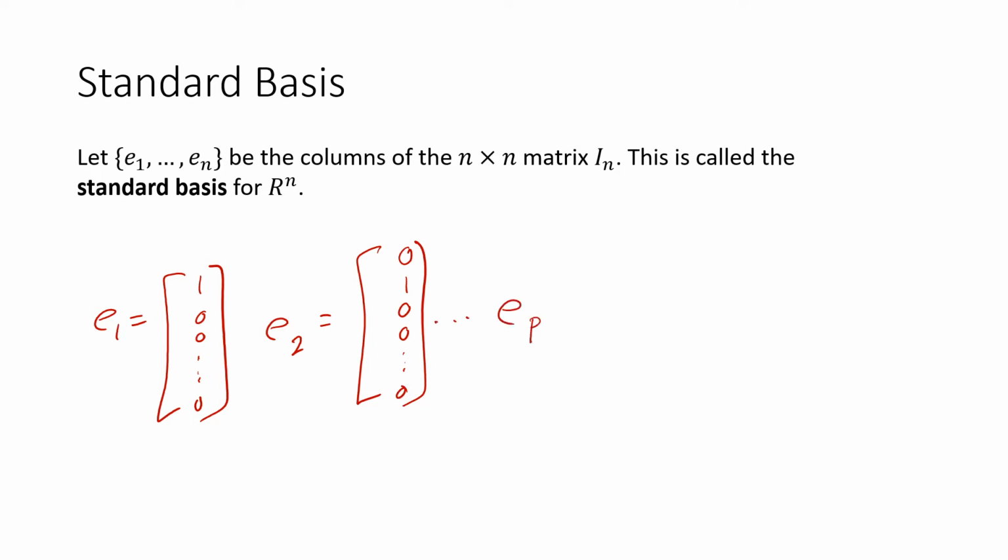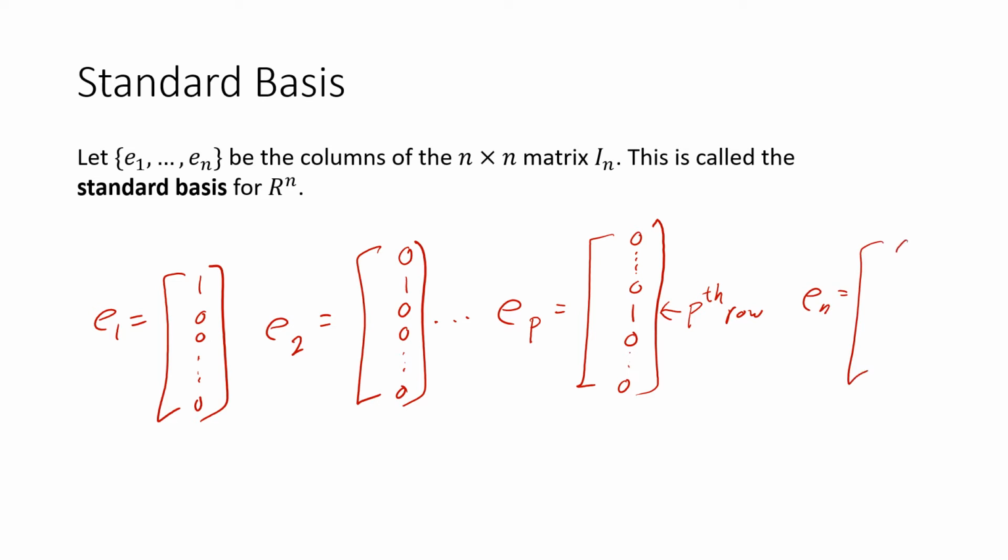And Ep is all zeros, then a 1, and then the rest of it is zeros, and that 1 is in the pth row. All the way down to En, where you have your 1 at the bottom. Okay, this is called the standard basis. So we're not going to deal with that a whole lot right now. That's just to let you know because we're going to be using that explicitly in some future lessons.